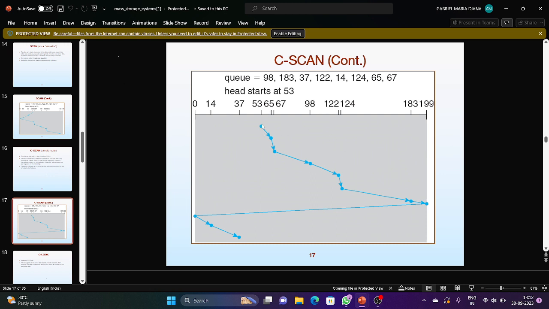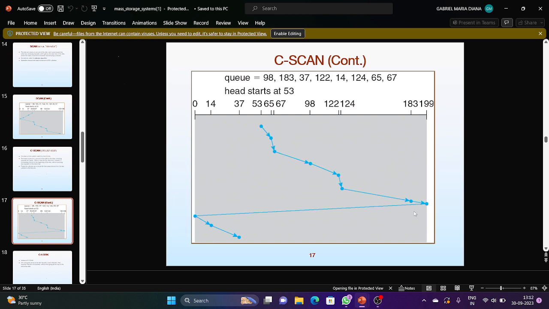During the time duration from 53 to 199, while it is serving, it comes across different processes like 65, 67, 98, 122, 124. Whichever process comes in between, it serves during the movement from 53 to 199.